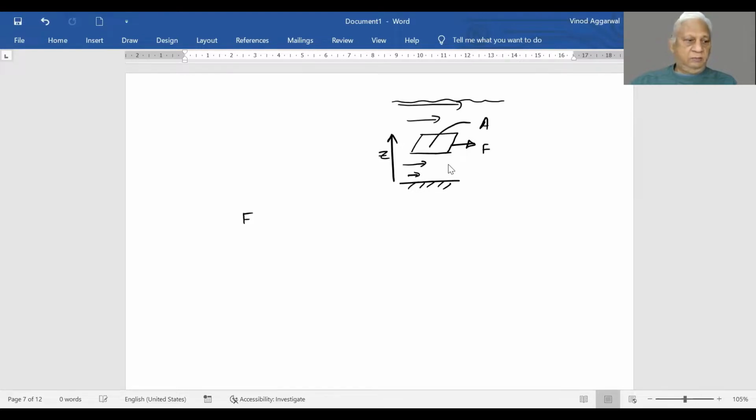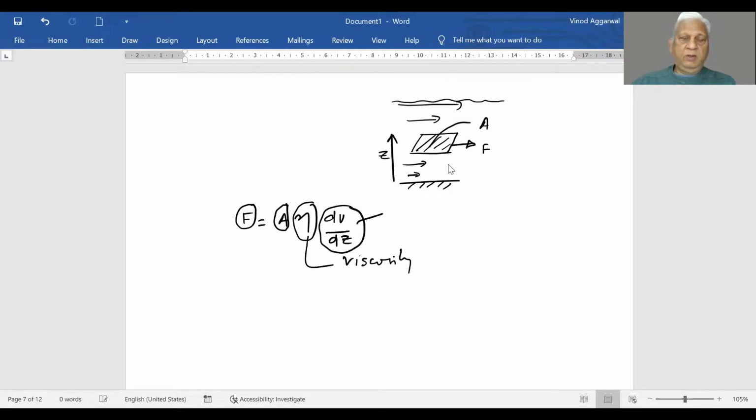Then the force applied will be equal to this, the force required to pull an area of A. This is the viscosity of the fluid. And this is the velocity gradient.